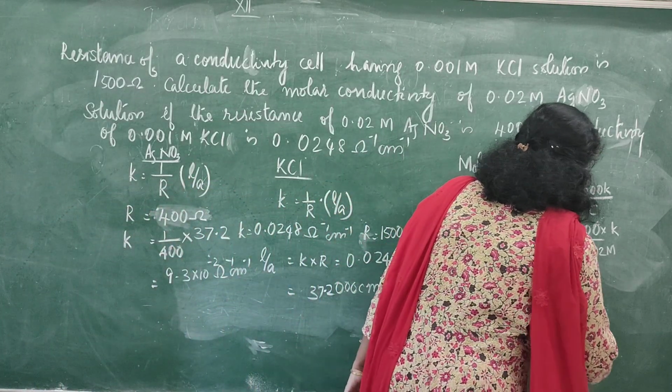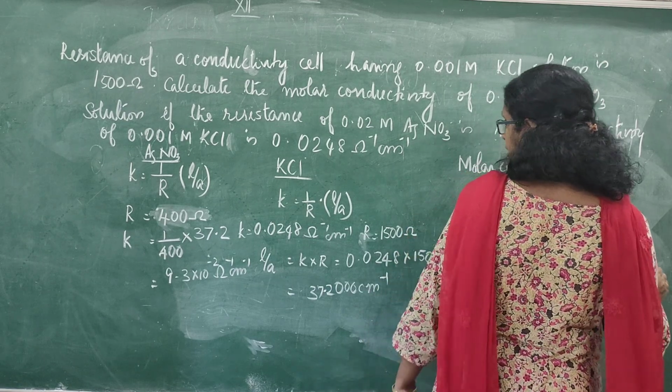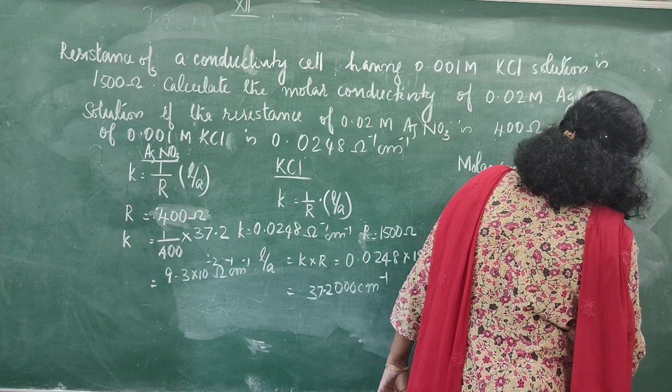So you take 1000 into 9.3 divided by 0.02.